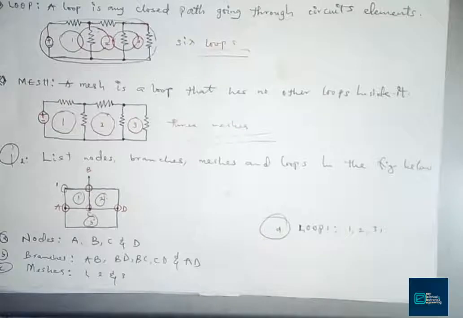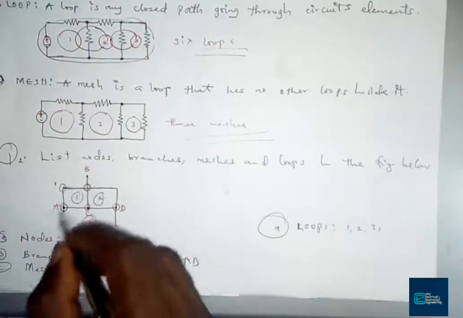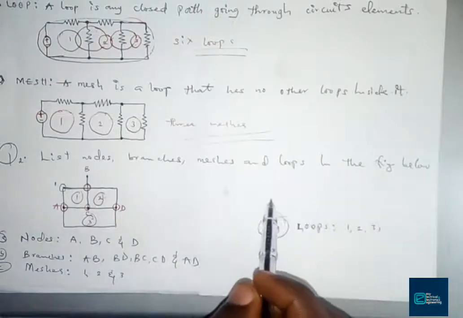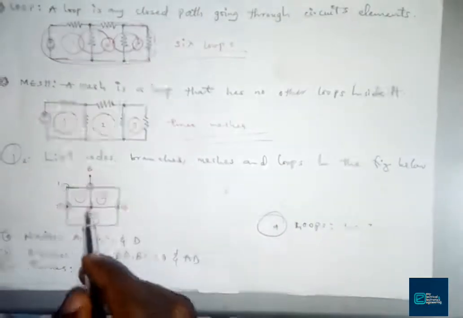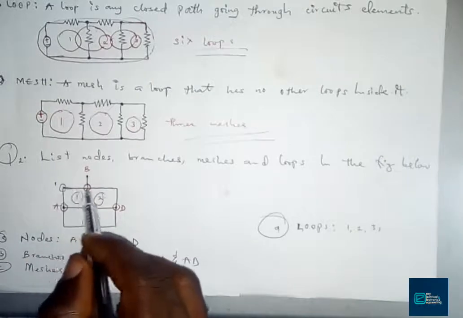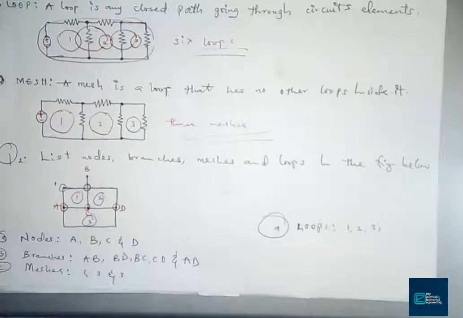Now we're going to consider the junctions. The junctions that are here, and the number of elements we have in each, can also be considered as loops as well.